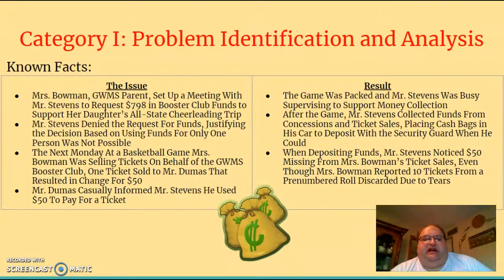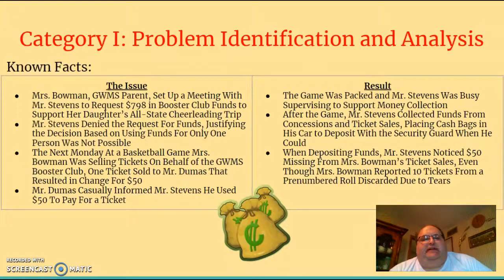Mr. Stevens, though, denied that request, justifying it by saying that the funds should be used for all students, and one particular person in one instance is not a sufficient use for that. So Mrs. Bowman left the meeting unfulfilled of her request.